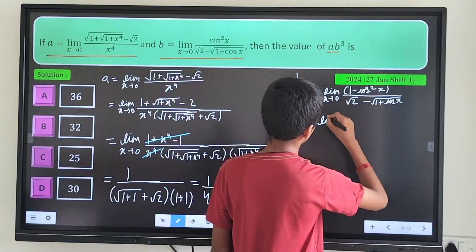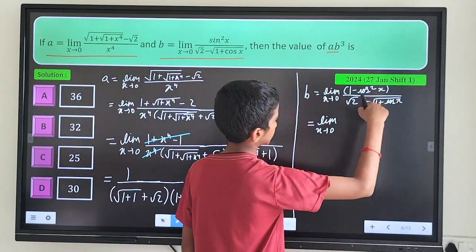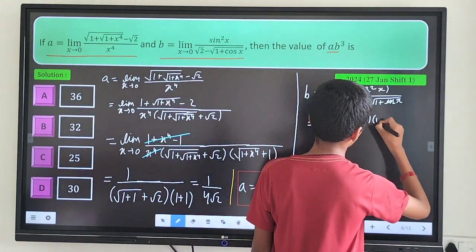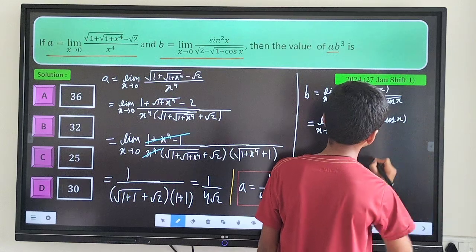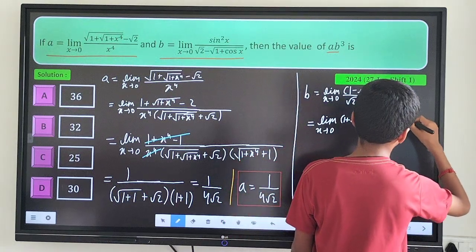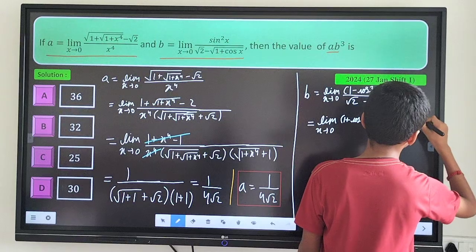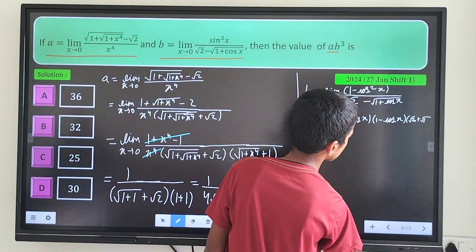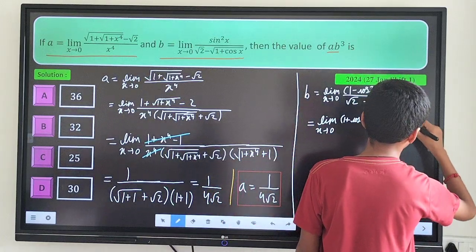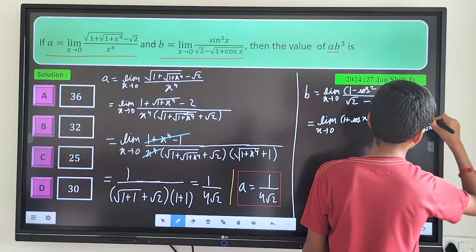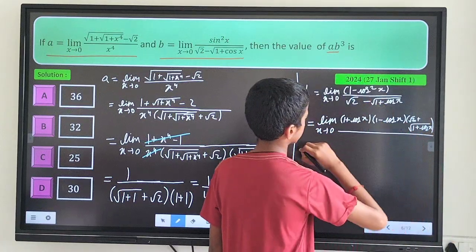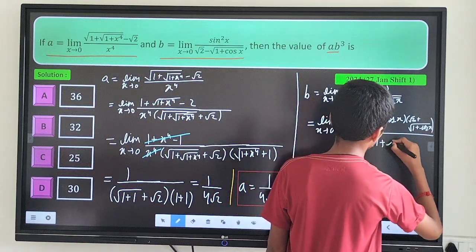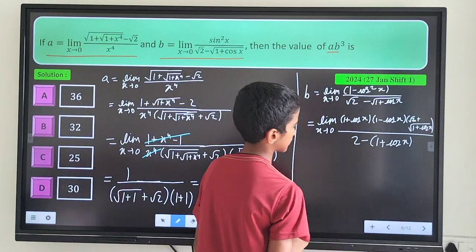So the above will become limit x tends to 0. Now let's factorize this. We will get 1 plus cos x, 1 minus cos x, and under root of 2 plus under root of 1 plus cos x upon, we rationalize the denominator, so our denominator will be 2 minus 1 plus cos x, which is 1 minus cos x.